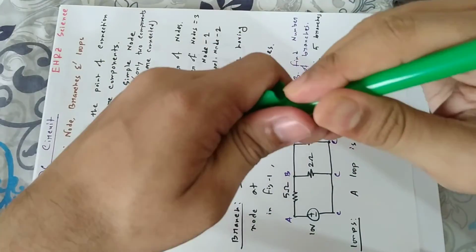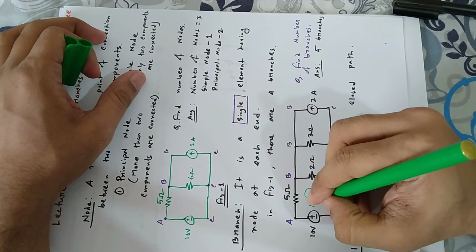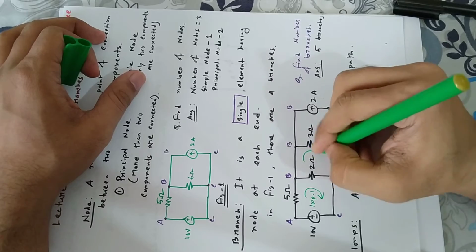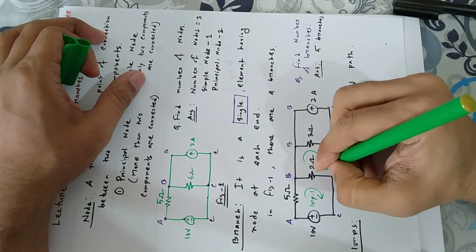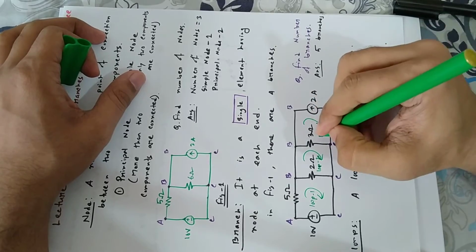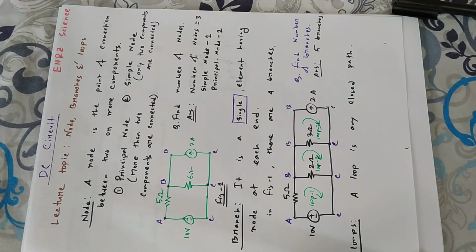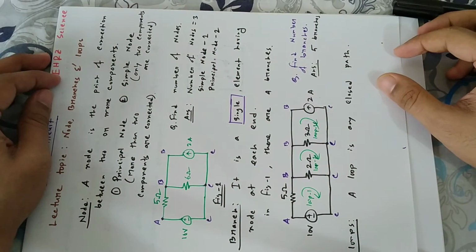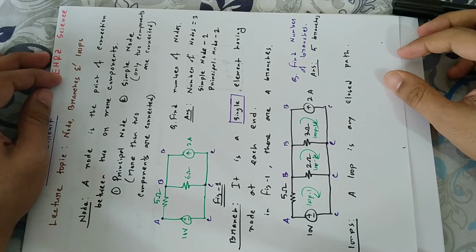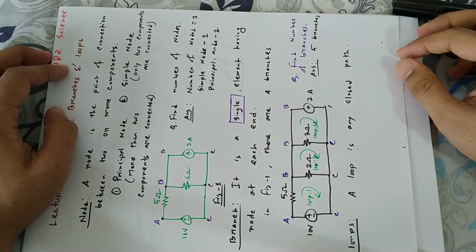So this is our loop 1, this is our loop 2, and this is our loop 3. Okay, so students, I think now you can identify the number of nodes, branches and loops in a circuit.